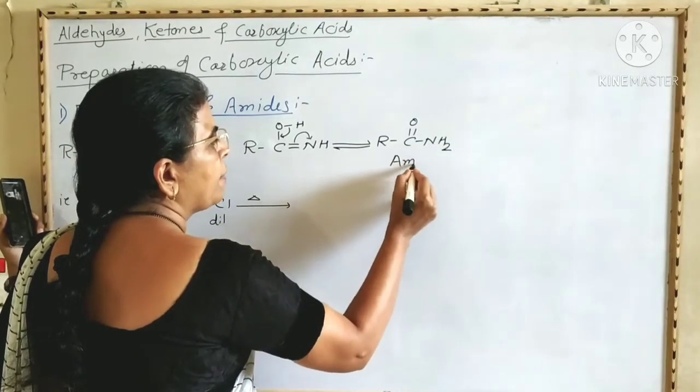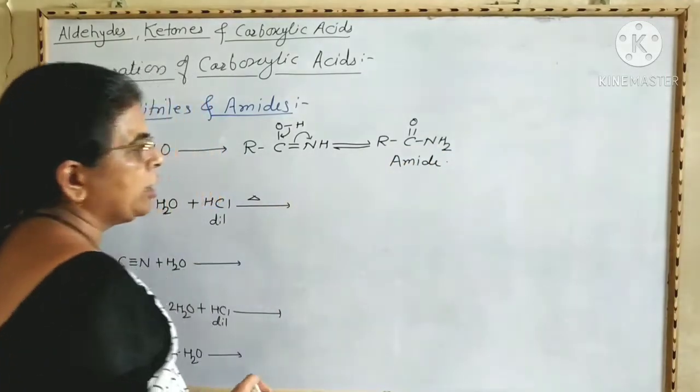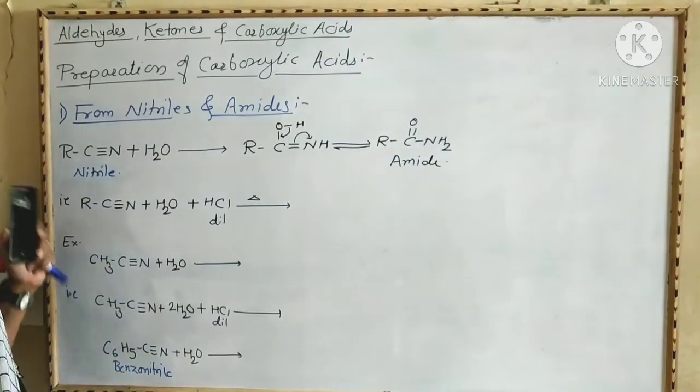This is amide. When a CO group is attached to NH2, it becomes amide.